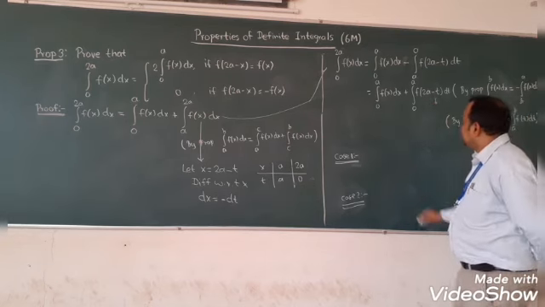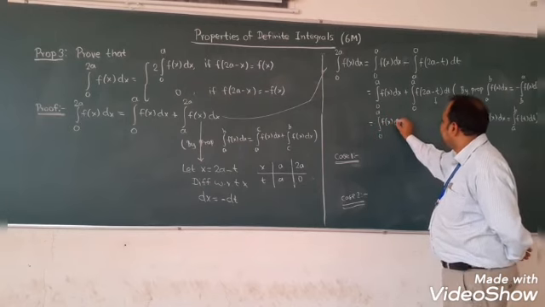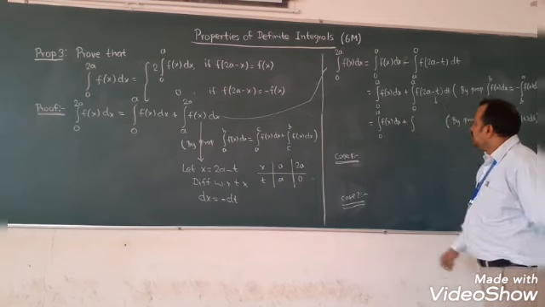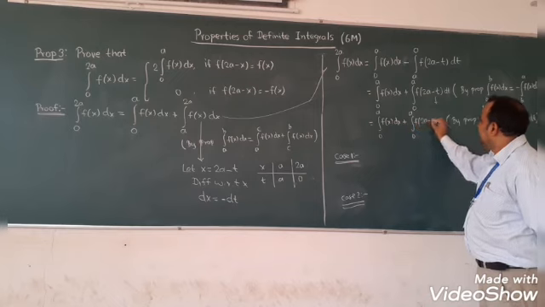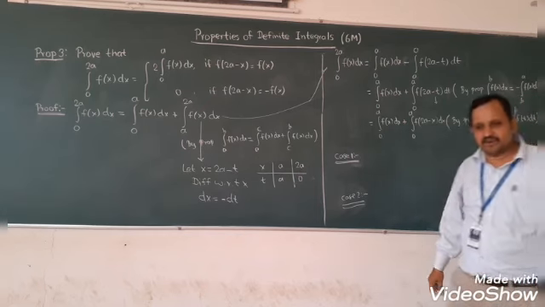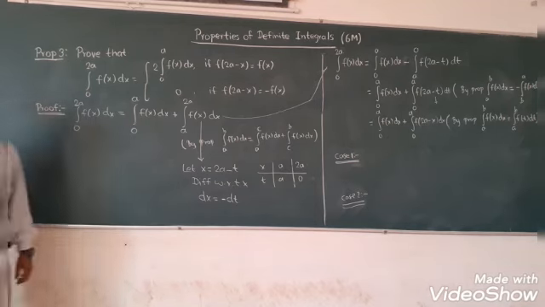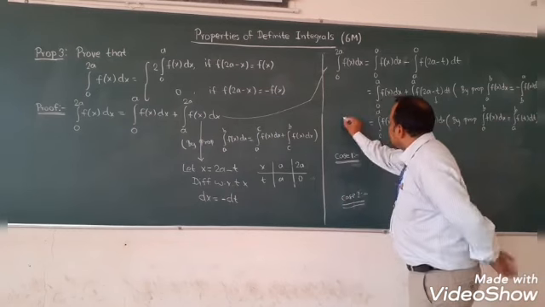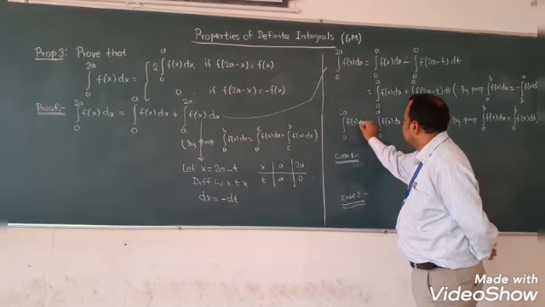So we can write this as 0 to a f of x dx plus 0 to a f of 2a minus x dx. Definite integral is independent of change of variable. I hope the step is clear. So this is nothing but 0 to 2a f of x dx.